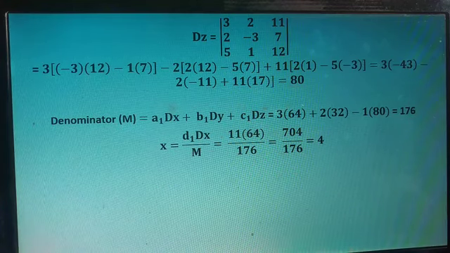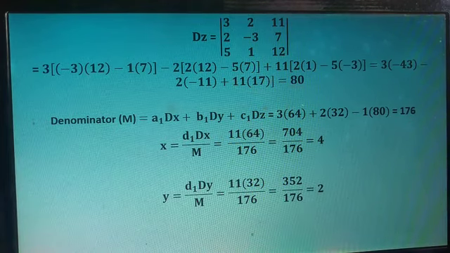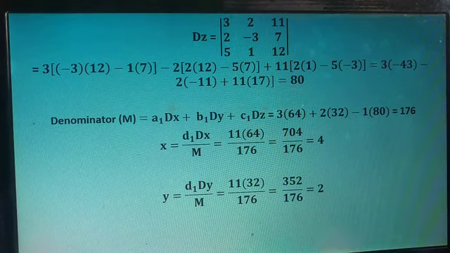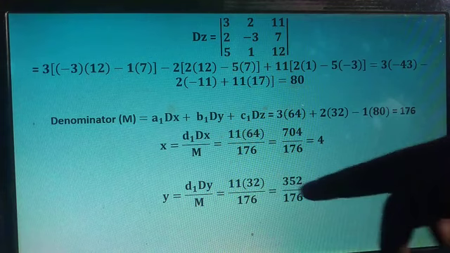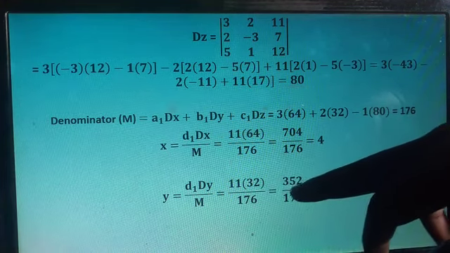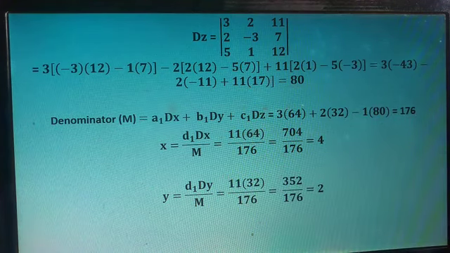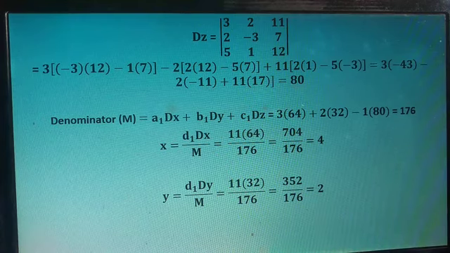Let's move on and look at how we can find the value of y. The value of y is equal to the constant of the first equation multiplied by the determinant of y over the denominator. So that is 11 times 32, where 32 is the corresponding determinant for y. Then we divide by 176, which is 352 over 176, and the result is 2.